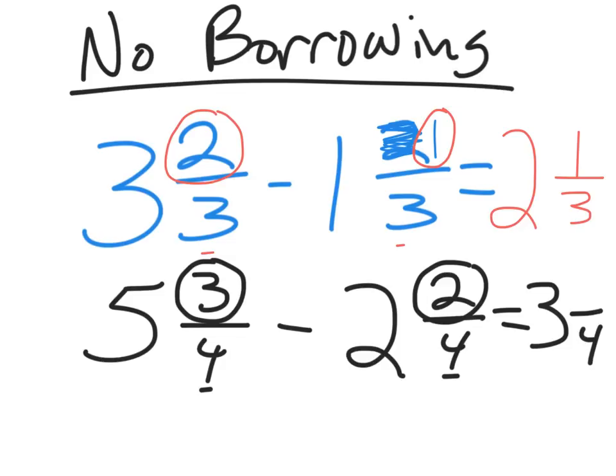And then 3 minus 2 is 1. So subtracting when you don't need to borrow is the same as adding. It's just like addition. You just subtract instead of adding.